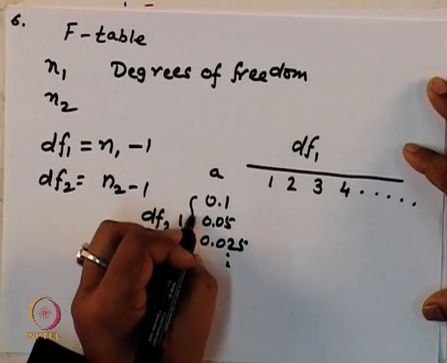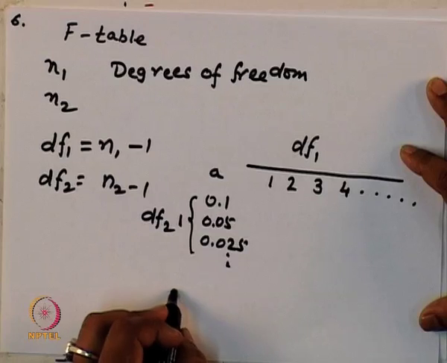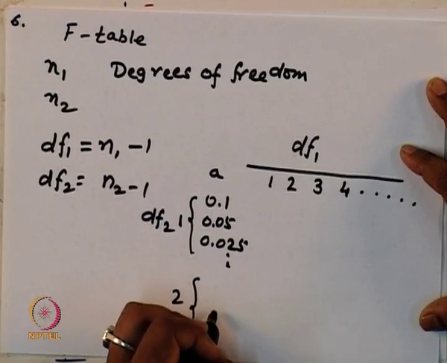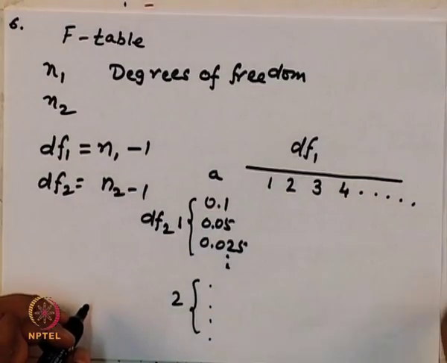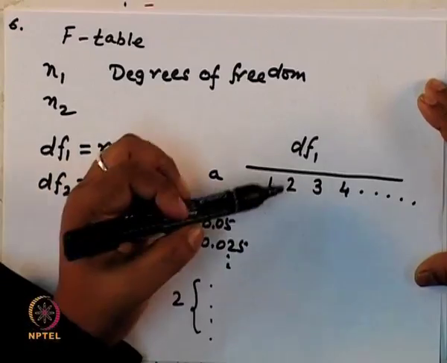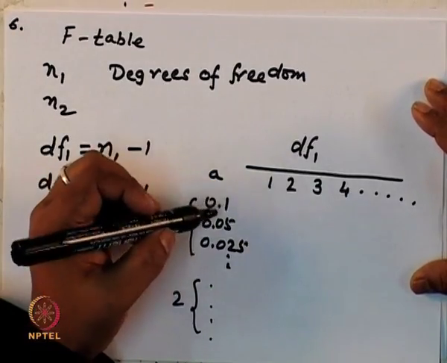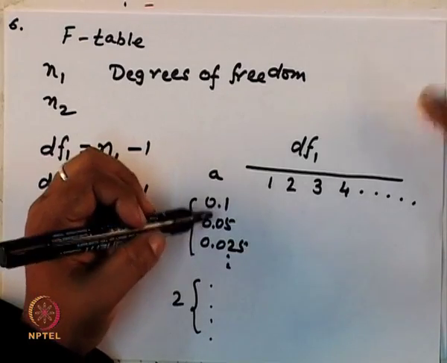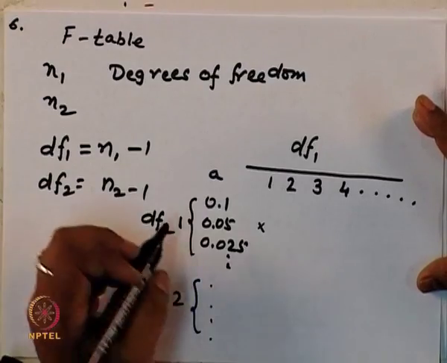So, this is one value corresponding to df2 equal to 1, you have these values of A. Similarly, corresponding to df2 you will have various other values of A. So these are your significance levels. So the way to look up the table is find out what is df1, find out what is df2, and see corresponding to the value of A at the desired level that you want, what is the value of alpha.